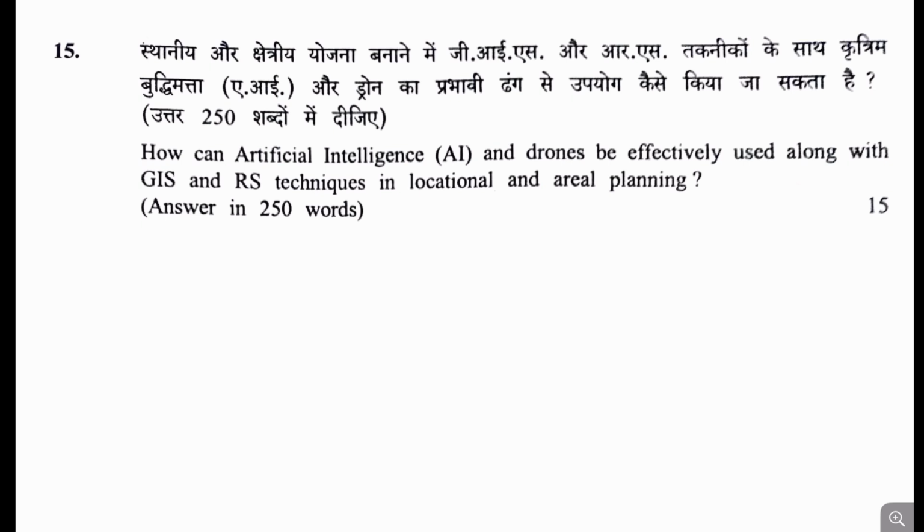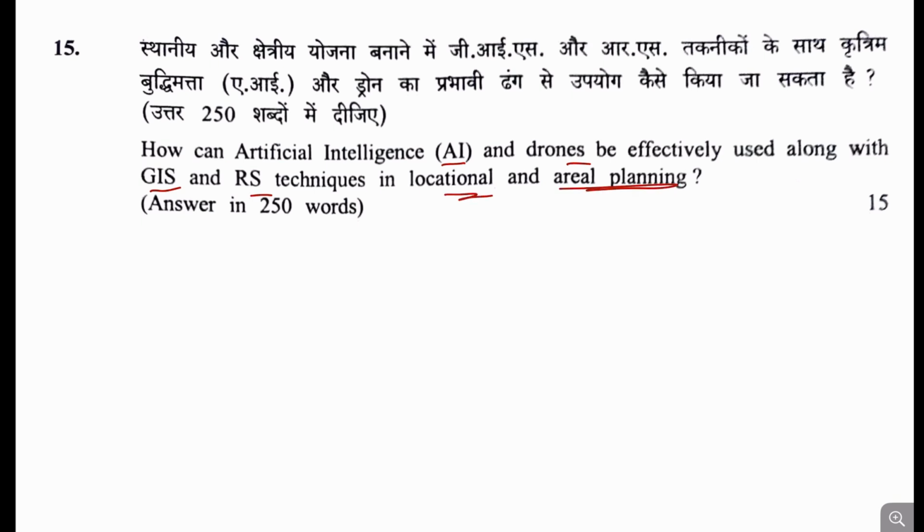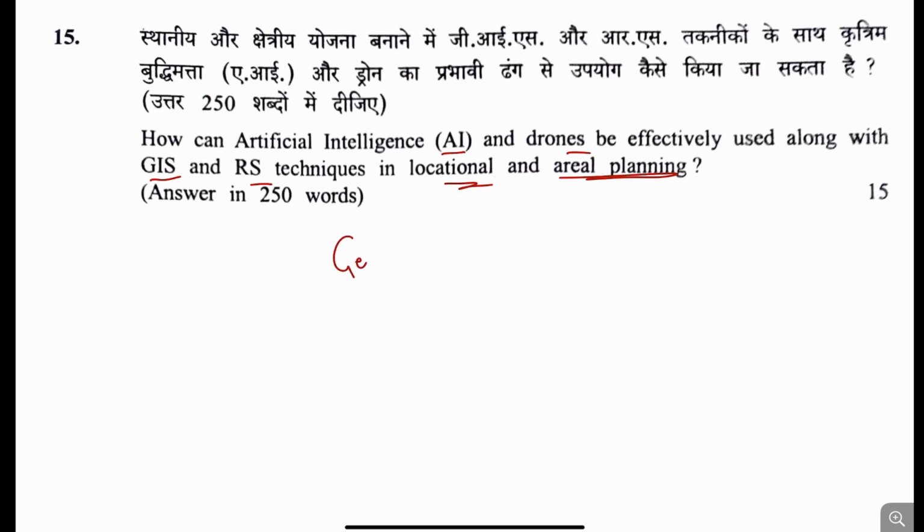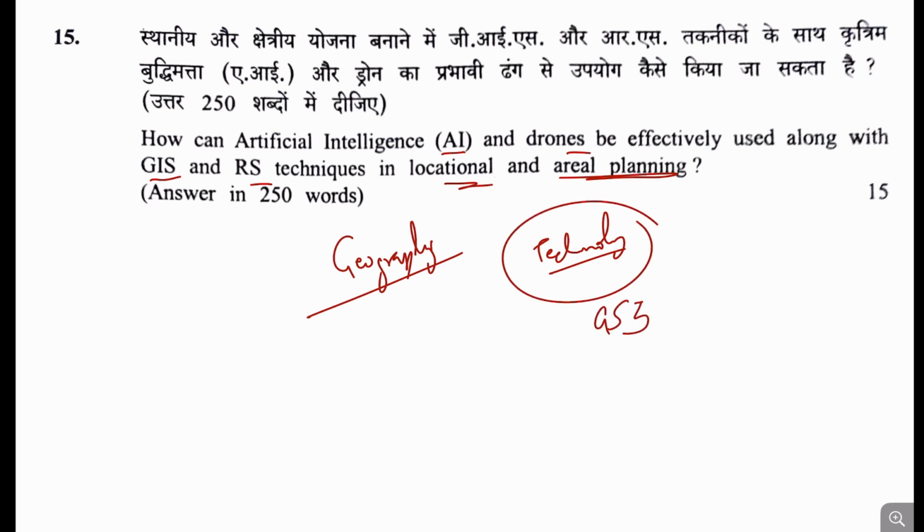Now moving to the next question: how far artificial intelligence drones can be used along with GIS and RS techniques for locational and aerial planning. Though this question is from geography, it comes as an amazement to me, right? Because nowhere in the syllabus is the use of technology mentioned. If this question could have been in GS3, I could have said that it is from the syllabus.